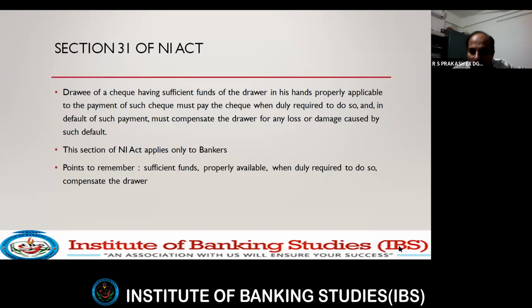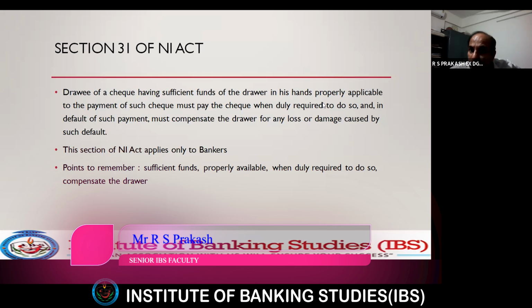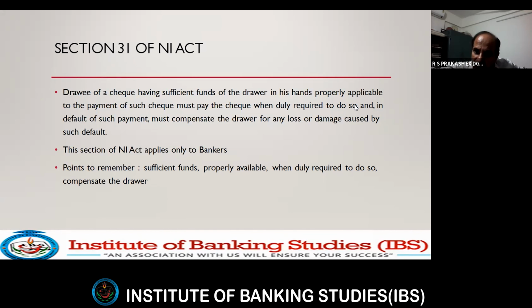Today you have a few 10,000 rupees in your SB account, which you are supposed to pay towards your housing loan. In the meanwhile, if there is a check for 5,000 rupees, does the drawee bank have to pay it because of section 31, or can it refuse? Yes, it can refuse, because it is not properly applicable and it is marked towards the housing loan.